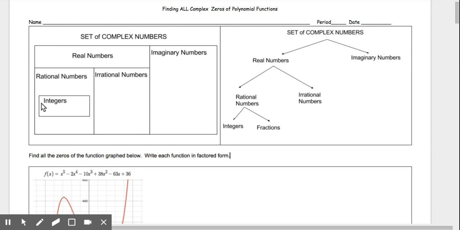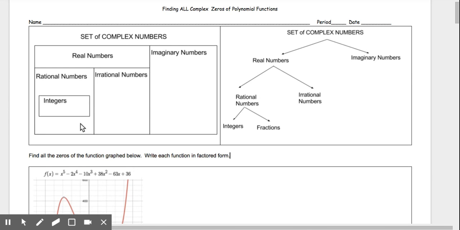Here is the set of complex numbers. When we were looking for zeros of polynomial functions, we realized that some zeros could be rational numbers, and sometimes they could be irrational. Rational zeros and irrational zeros are both visible in the graph.